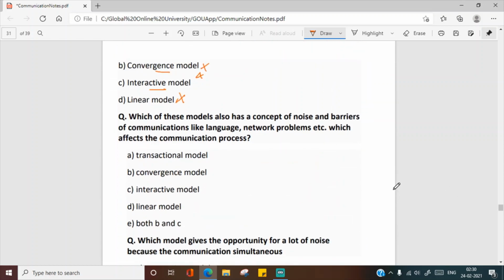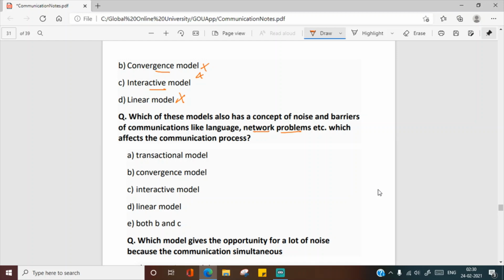Let's look at another question. Which of these models also has a concept of noise and barriers of communication, like language, network problem, etc., which affects the communication process? So here, these two words will give you the answer directly: network problem. What did I tell you?